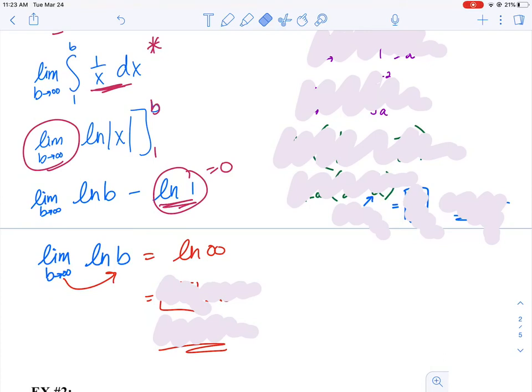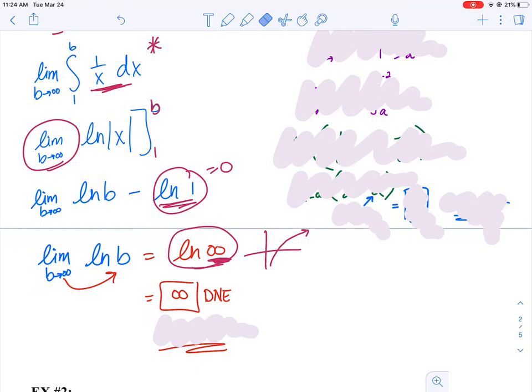As b gets really big, we have the natural log of a really big number, the natural log of infinity. If you remember the natural log graph, it keeps growing and growing. So as b gets really big, the natural log of b keeps growing, and we can say infinity, or it does not exist.